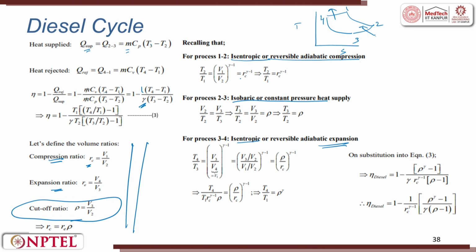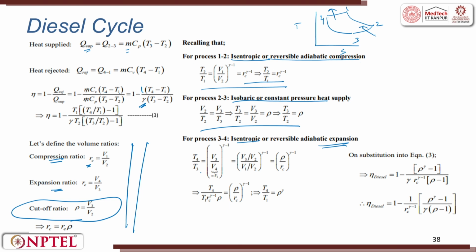Now when we write it for the 1 to 2 process, as usual it is straightforward: T2 by T1, which is nothing but, how does it come? It is (V1 by V2) to the power gamma minus 1. It can be rewritten in this form, and this is the end form. When we talk about isobaric, it comes to rho, the cutoff ratio.